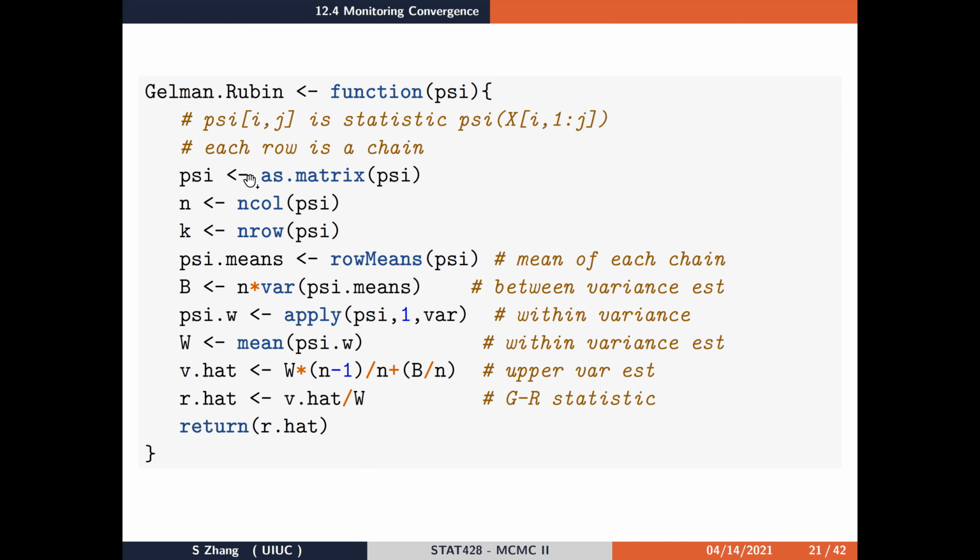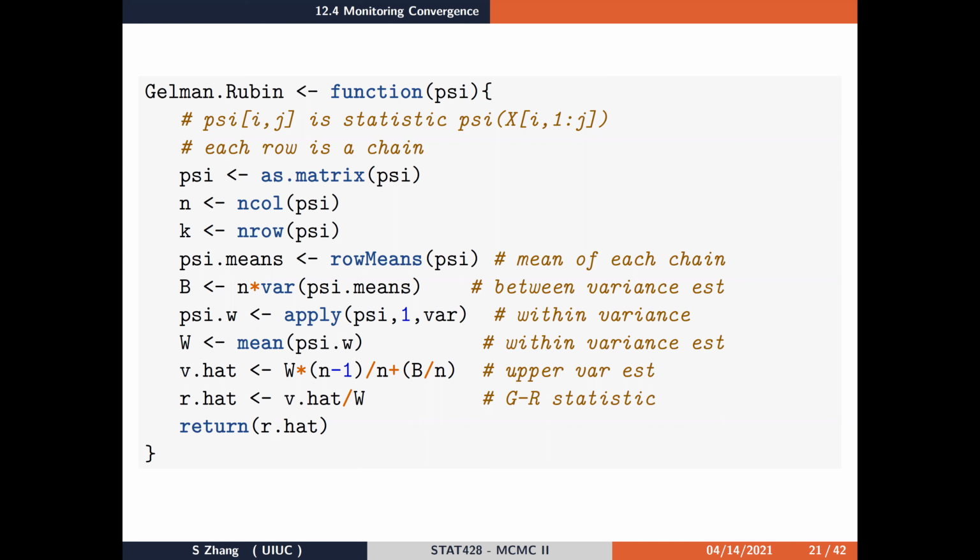First of all, let's convert psi to a matrix in case it isn't yet. N, which is the number of MCMC iterations, is the number of columns of psi, and K, the number of independent chains we generate, is the number of rows. We will first calculate the between sequence variation, B. In order to do that, we need to first obtain the average of psi in each of the separate chains.